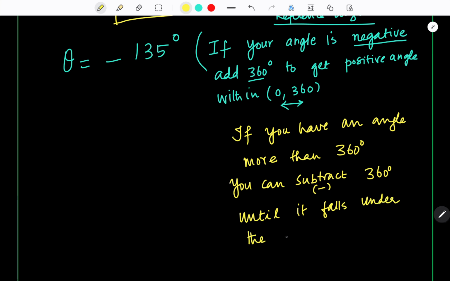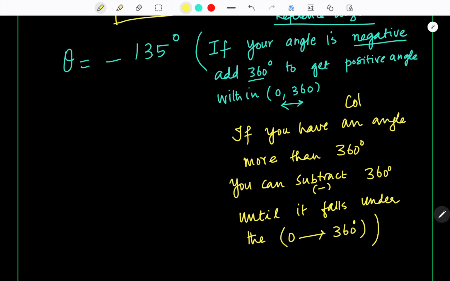What is the limit? 0 to 360. It should be inside this circle. So this point you need to remember. Do you remember these ideas? I already told you somewhere in 6.1. What is the name of the topic? Do you remember that?